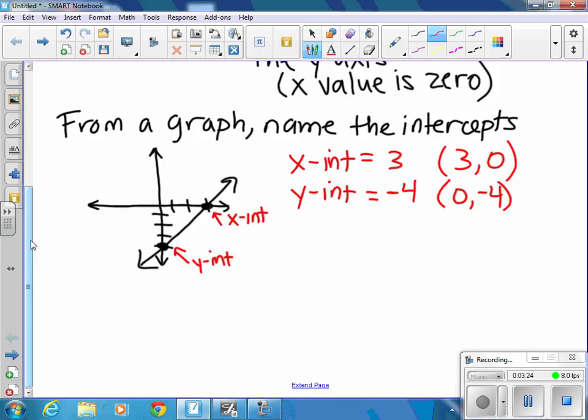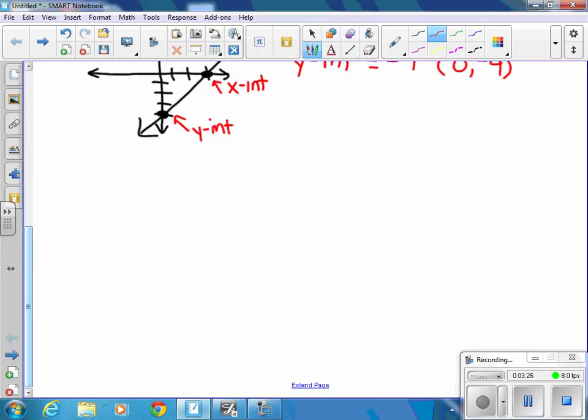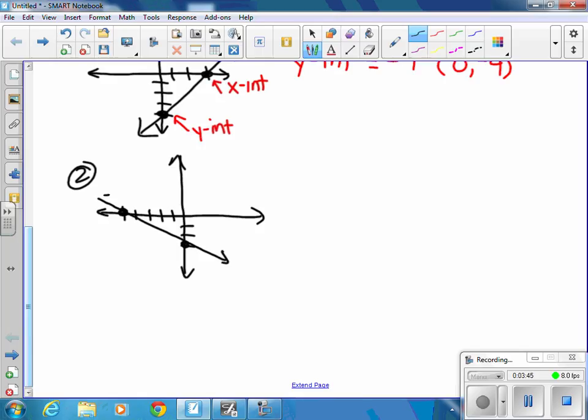Okay, so I'm going to give you another picture. We're going to do the same thing, just to give you some practice. I will draw the picture first, and then you will be responsible for naming the x and y intercept. All right, so in this one, I'm not going to point to it on the picture.